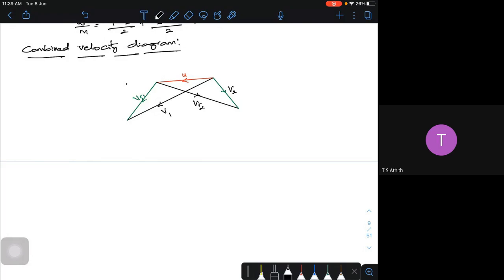Now I can complete the velocity triangle. If I look at it, this will be my VW1, and this will be my VF1.